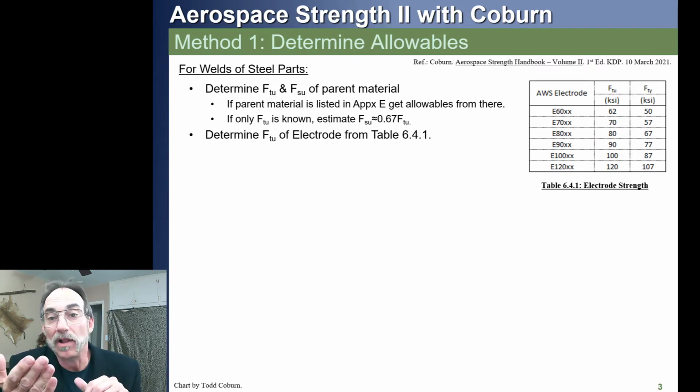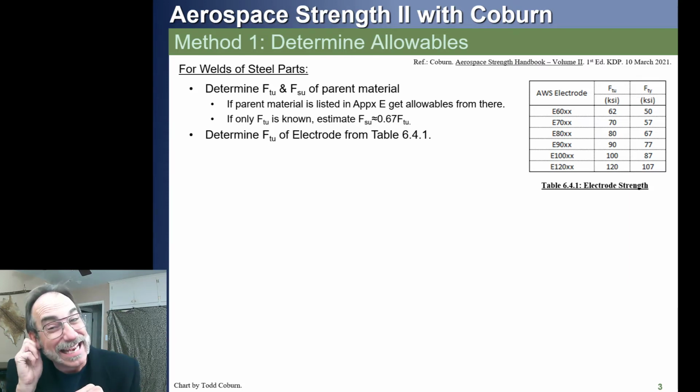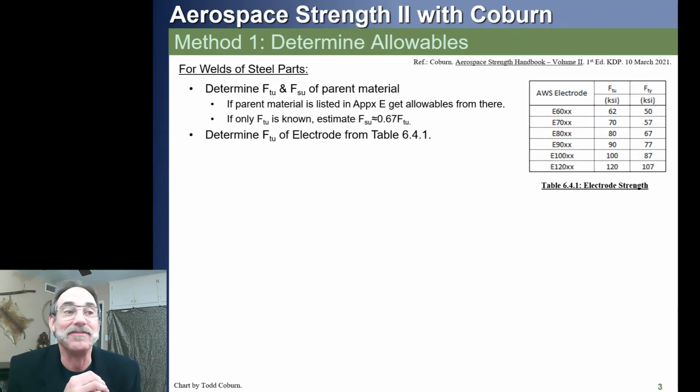So an E60 weld is 62 KSI FTU, an E90 has a 90 KSI FTU, and so on. There are also yield tension allowables for those. So this is where we'll get the allowables for electrodes. We will get the allowables for our materials from our appendix or from other sources.